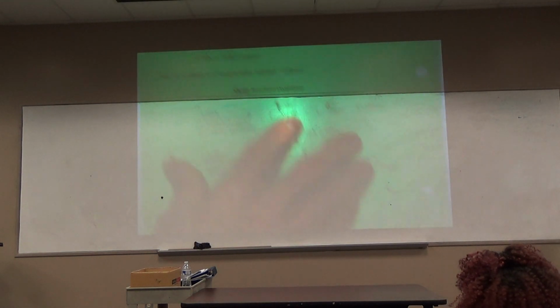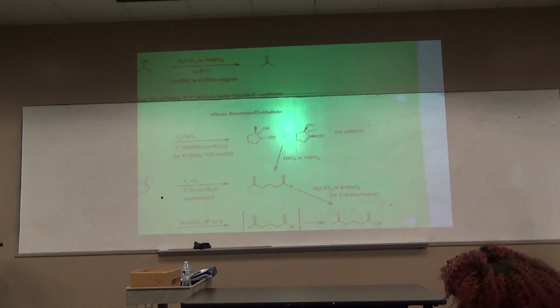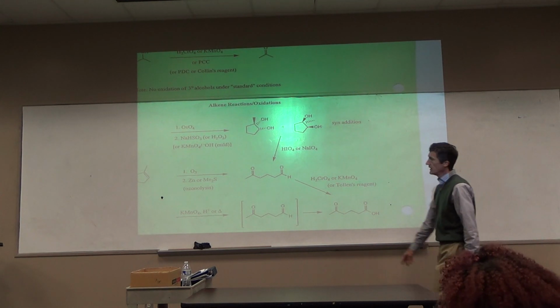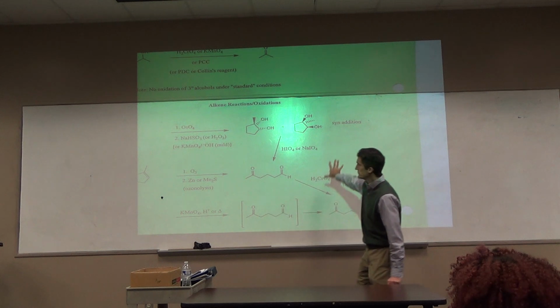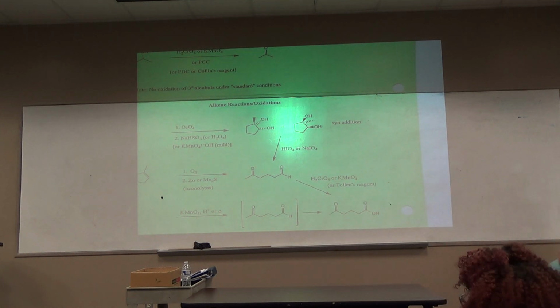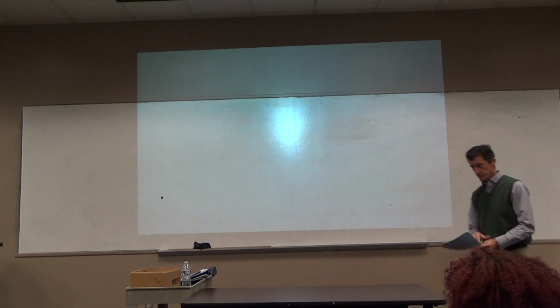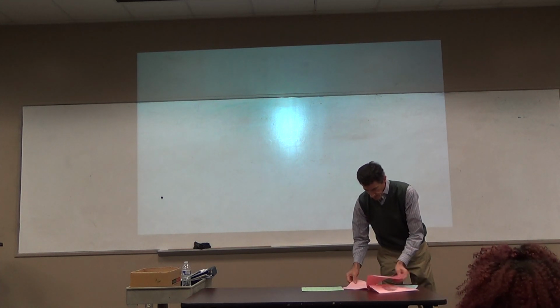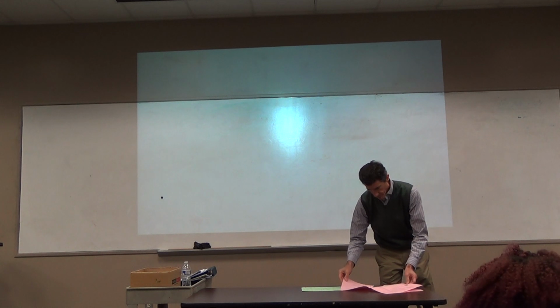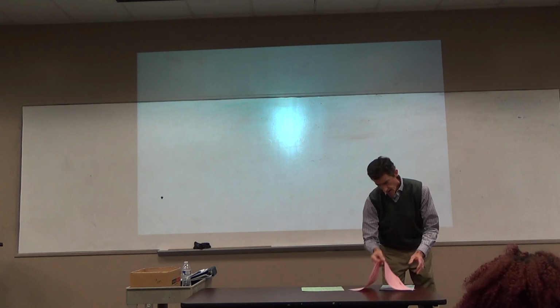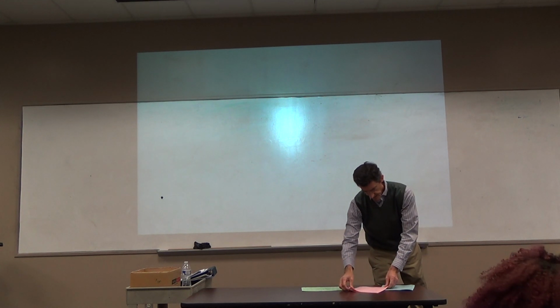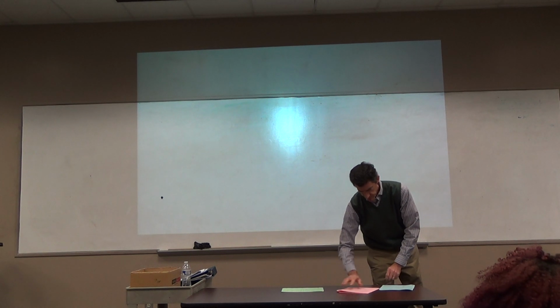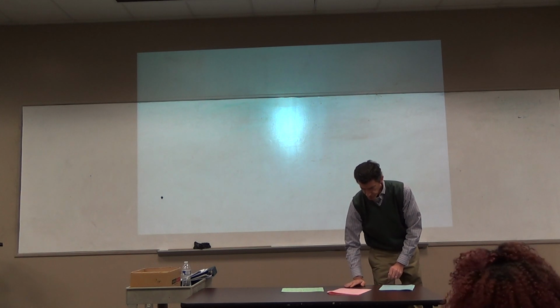So the green sheet is our outline, and you see we're doing alkene oxidation. So this is described here, everything we're doing there. The pink is sort of outlined, and we're looking at oxidation of alkenes.